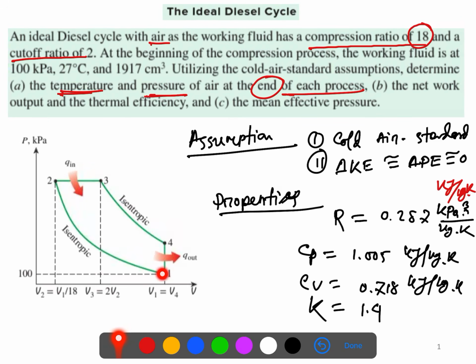At process 1 and process 4, you can see volume is not changing, so V1 equals V4, and we know the value of V2, it is given as V1 over 18, and V3 is equal to V2. How we got this, we'll discuss. We can get it from the formula of the compression ratio and the cutoff ratio, which we discussed during the lecture.